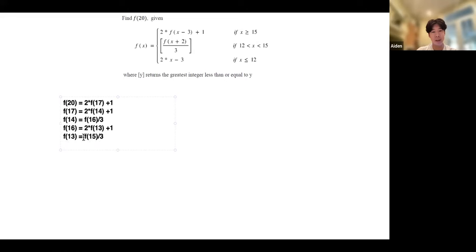And so now we have to figure out what f of 13 is, we have to figure out what f of 15 is, which brings us back up to the top. Then 15 minus 3 would be 12.